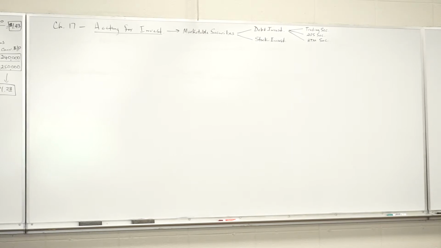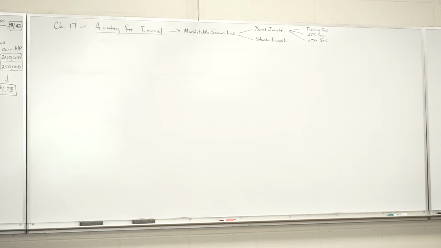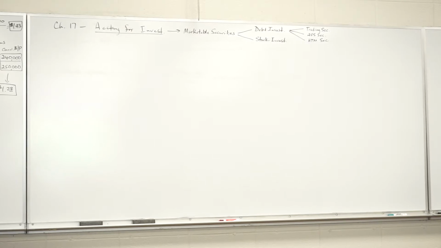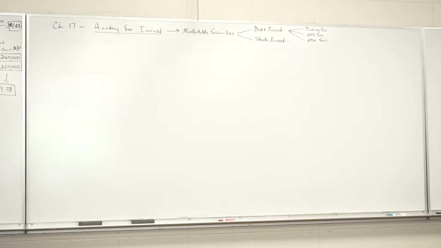If you classify your debt investments as available for sale securities, they are reported on the balance sheet at fair value, with unrealized gains and losses reported as part of other comprehensive income, OCI, in the stockholders' equity section of the balance sheet.